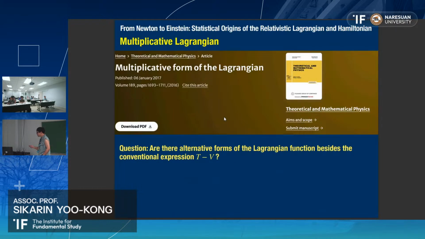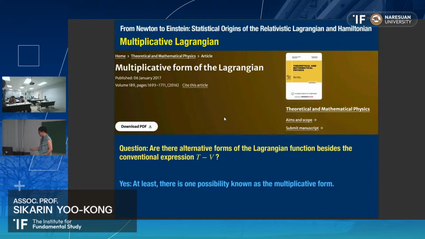So the question we were asking is: are there alternative forms of the Lagrangian function apart from the difference between the kinetic and the potential one? And we found out that there is at least one form, which we solved in this particular work, called the multiplicative one.